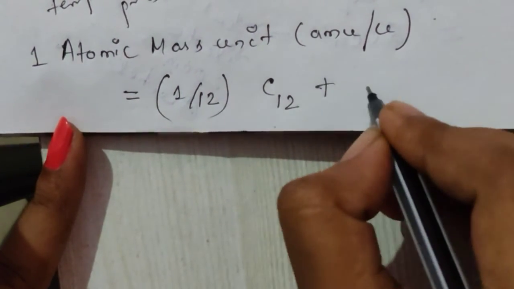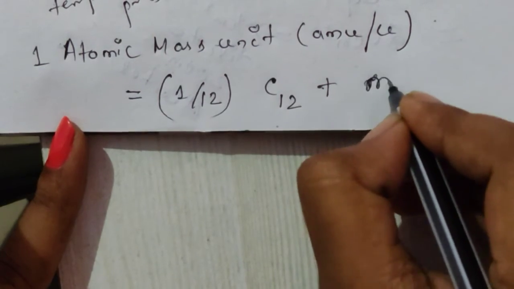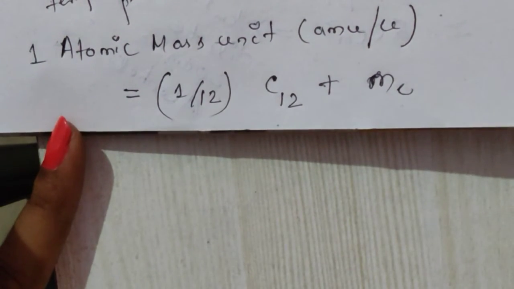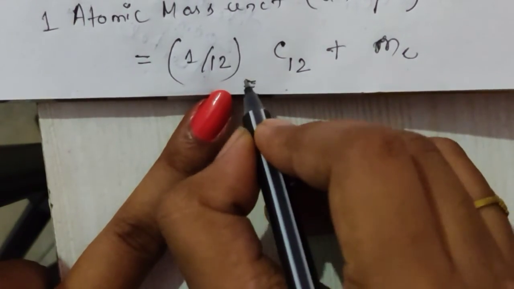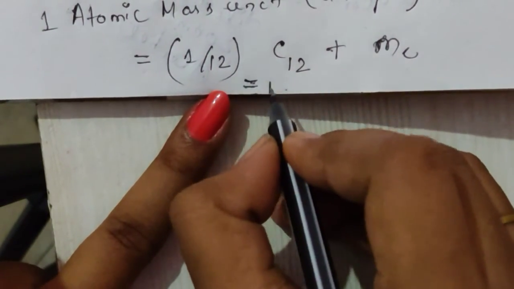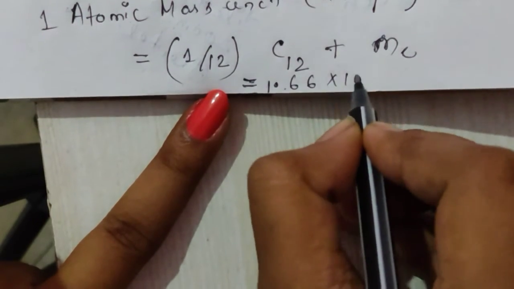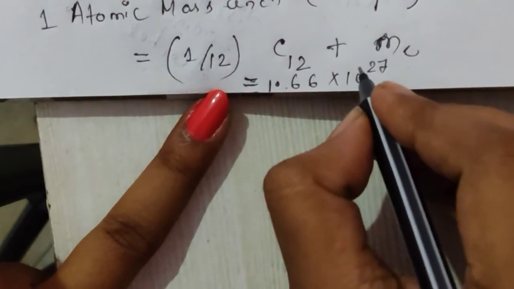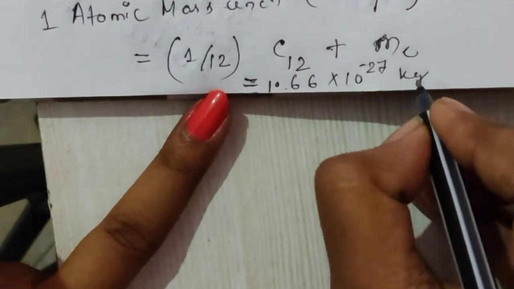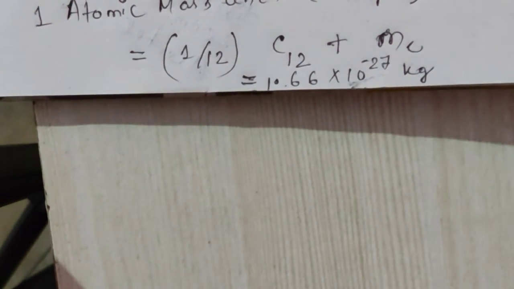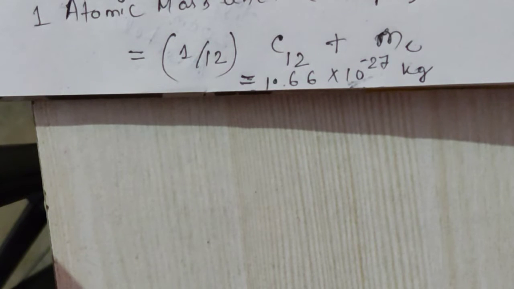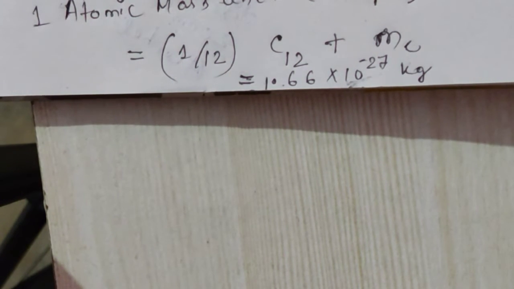Using that calculation, 1 atomic mass unit comes up as 1.66 into 10 to the power minus 27 kg. Now see, it is of the order of 10 to the power minus 27, so just imagine how small it is. Getting my point?